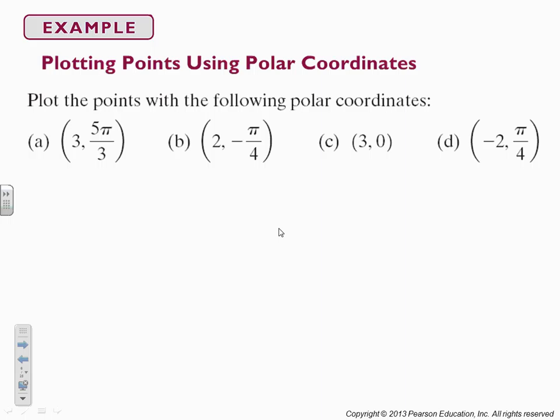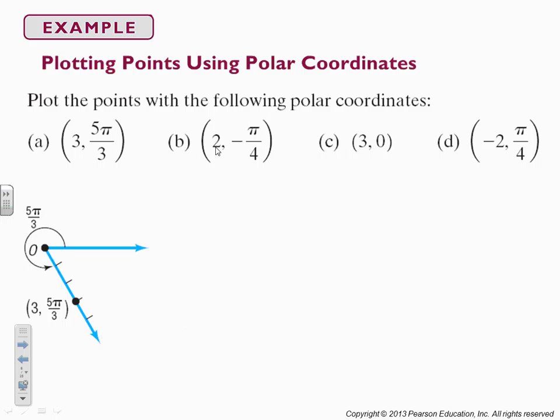So 5 pi over 3 is all the way around. And then we're going to go out 3 units, so 3 circles out if you're on polar graphing paper. So it's like at 300 degrees.